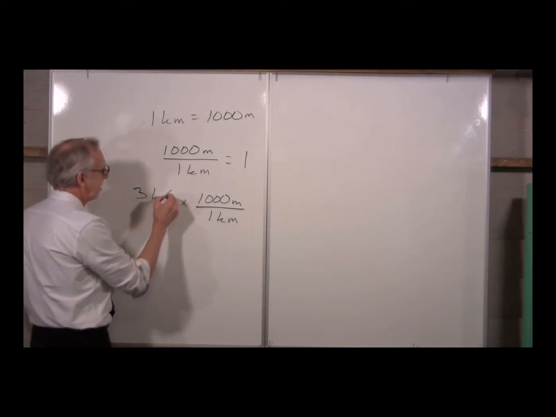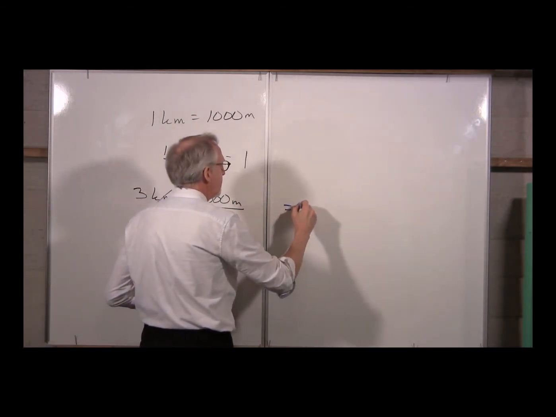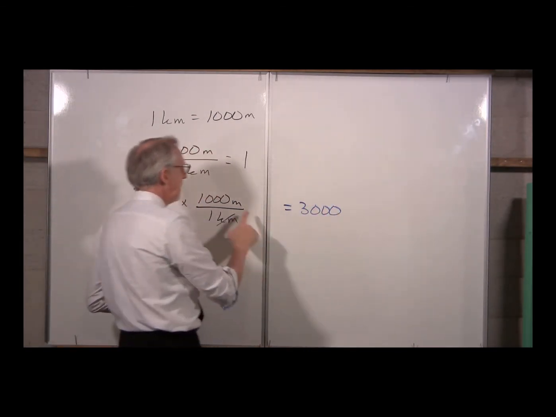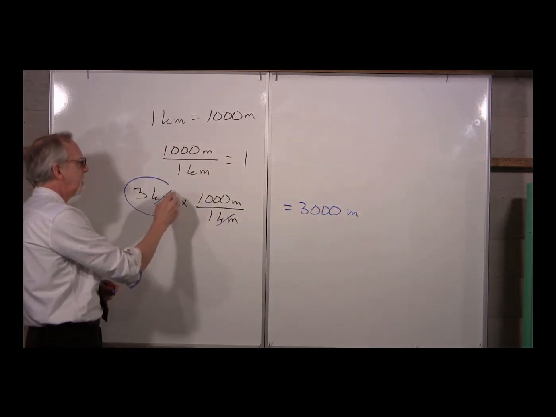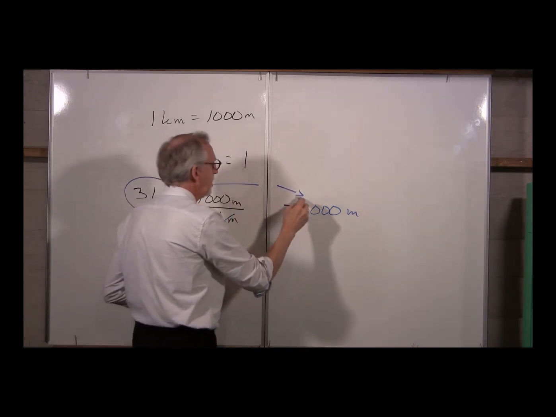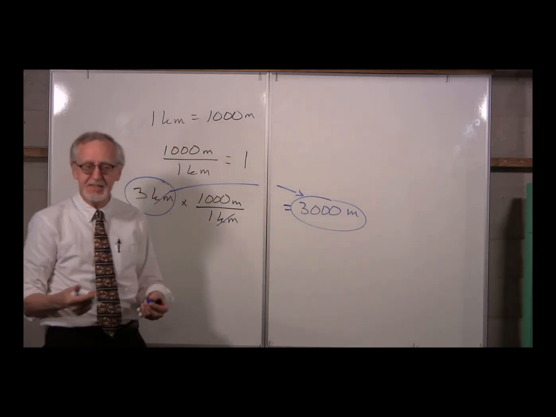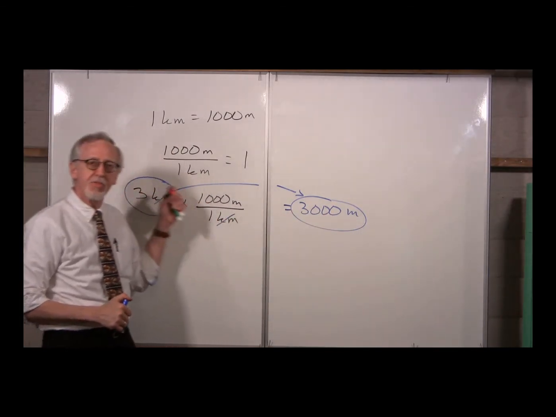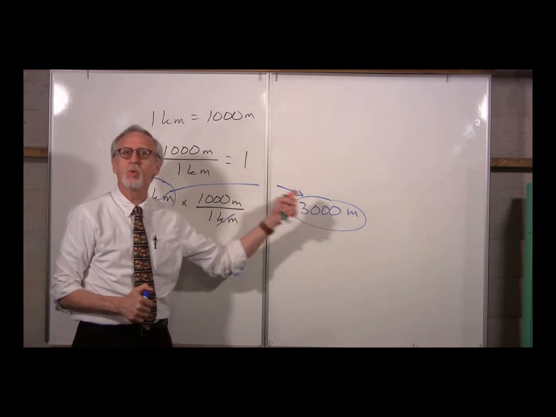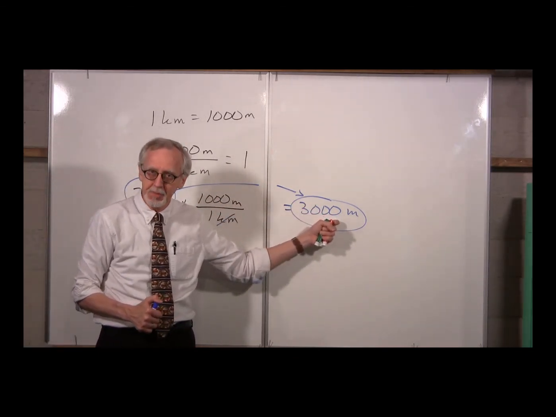But we notice kilometers cancel. 3 times 1,000 is 3,000 meters. So we have converted 3 kilometers to 3,000 meters. Those are equivalent distances, but they have different units. We're not saying that 3 is the same as 3,000. We're saying that 3 kilometers is the same as 3,000 meters.